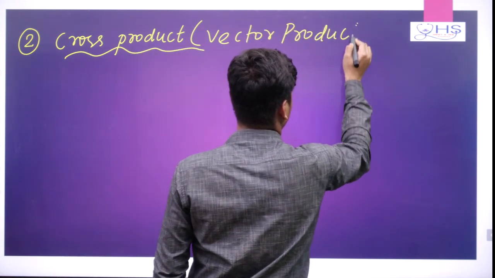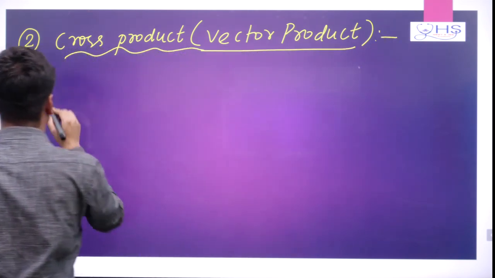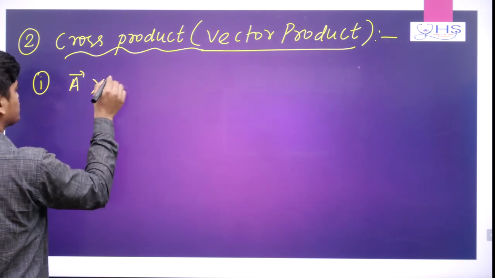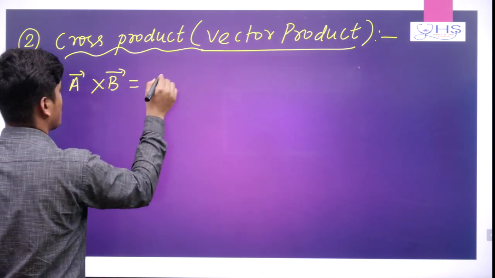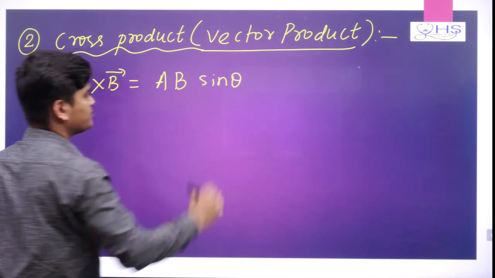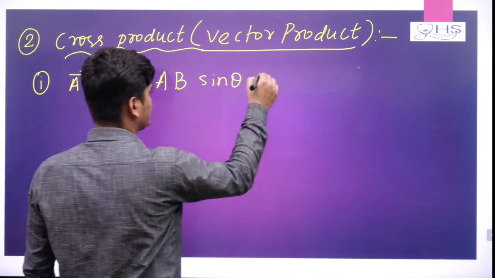Now here, the first point I will write: if I do A cross B, how much will I get? I will get AB sin theta. A cross B is AB sin theta, and along with it I will get another vector, the unit vector of this A cross B.